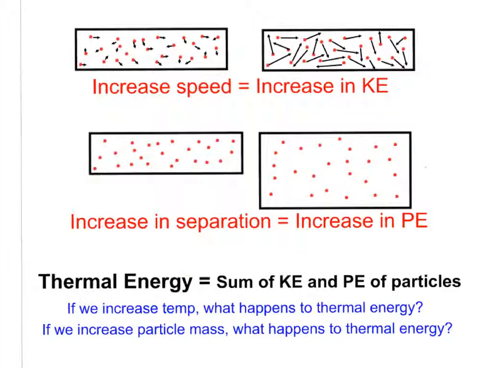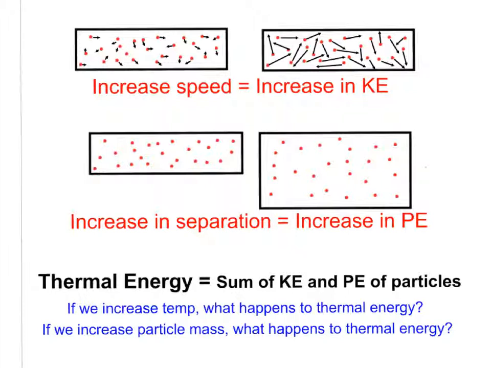What if we increase the mass of the particles? What is that going to do to our thermal energy? Let me ask it in an illustration. Let's say I have a tiny little cup with water in it, and I have a large glass with water in it.